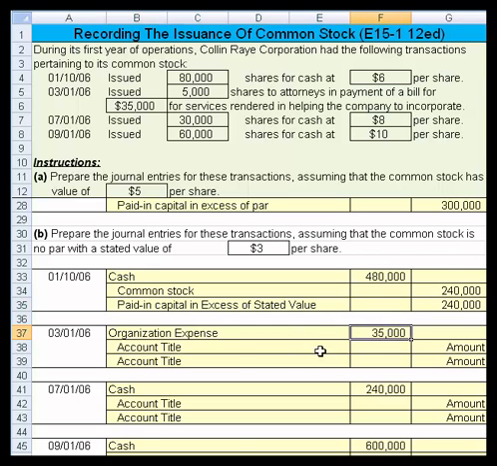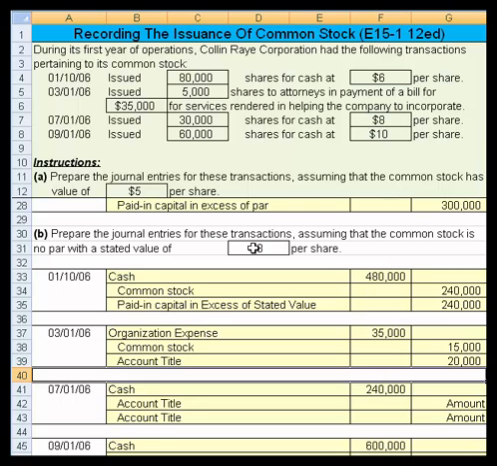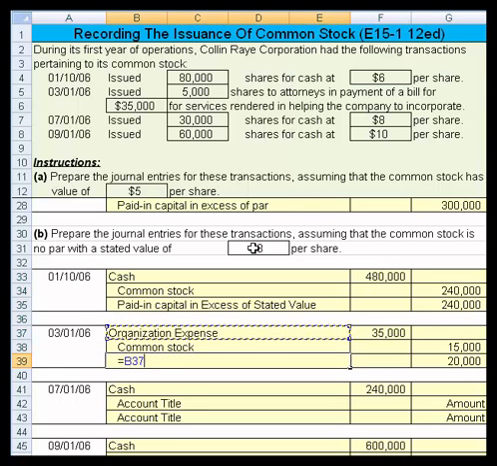The 35,000, we still would record common stock. Only this time the common stock is equal to the 5,000 shares times the stated value of $3. And again, we've got paid-in capital in excess of stated value that makes up the difference of 20,000, and that would go right there.